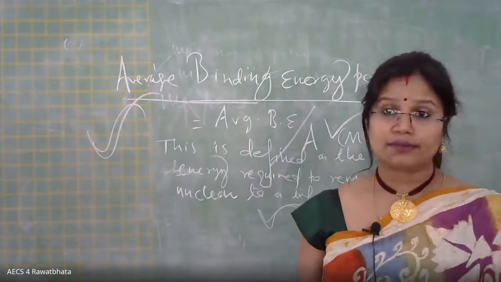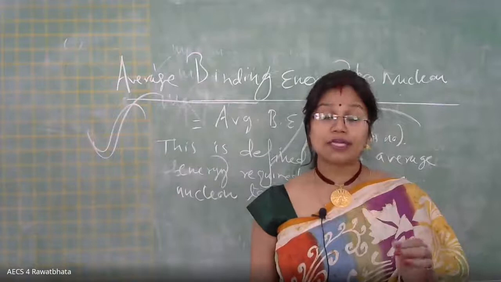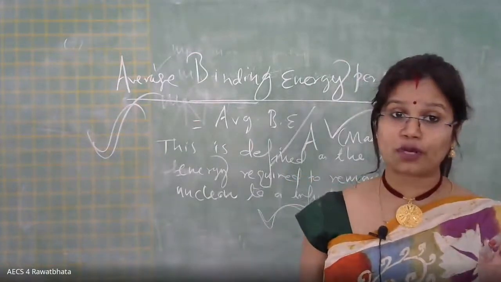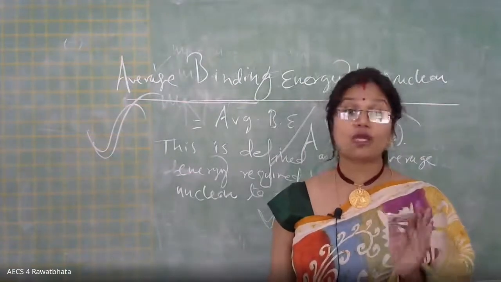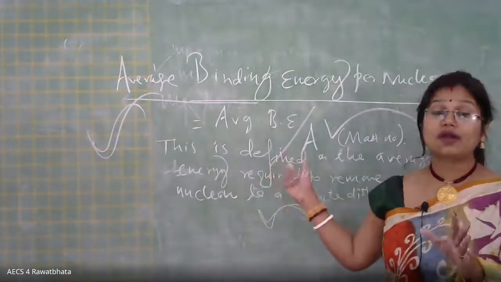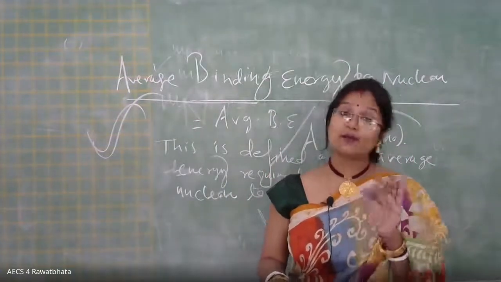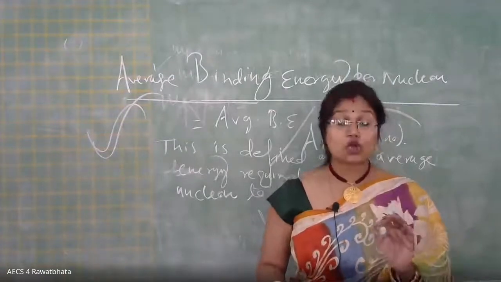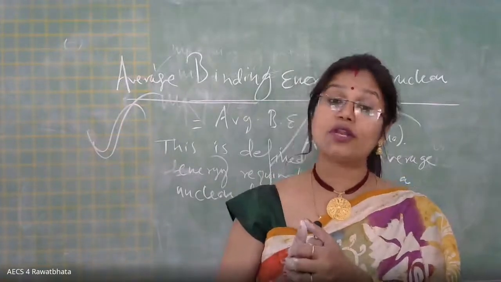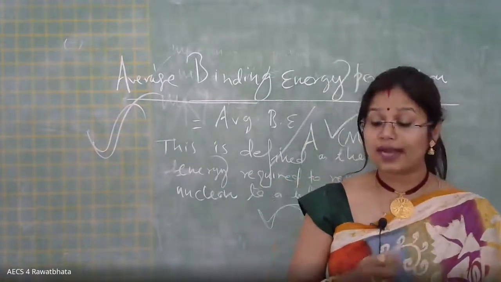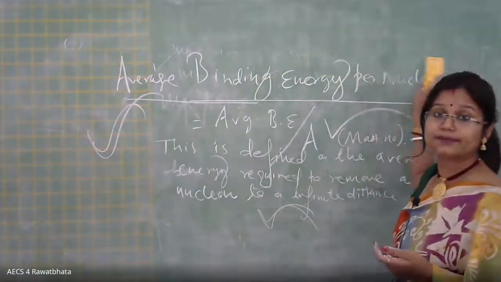The P by N ratio is also very, very important, dear, for deciding the stability of the nucleus. The curve will mainly decide the stability of the nucleus: which nuclei are more stable, which are ready to go for nuclear fission, which are ready to go for nuclear fusion. So now let us go for the graph.